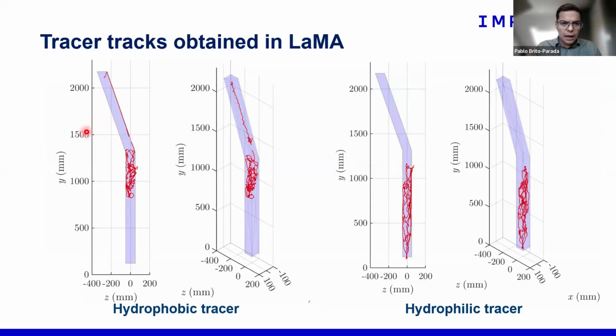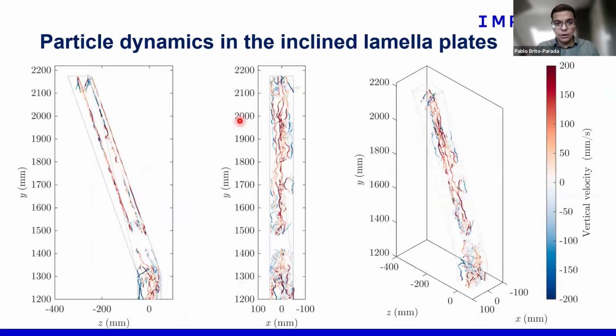We can get the tracks. Again, it was really interesting to see and try to understand, for this particular size of cell at the lab scale, what was the behavior particularly at the lamella. It was pretty much straightforward, but a really good proof of concept to then test different conditions and changes to these designs. And again, focusing a bit more on the tracks at the lamella, in this case for vertical velocities at different points.